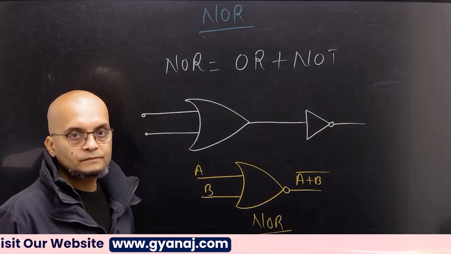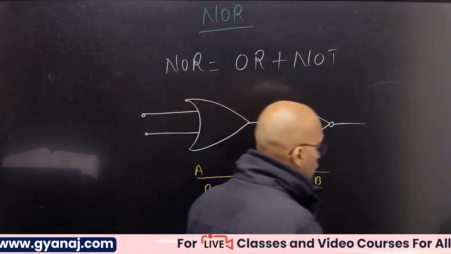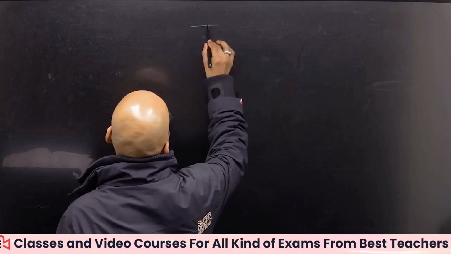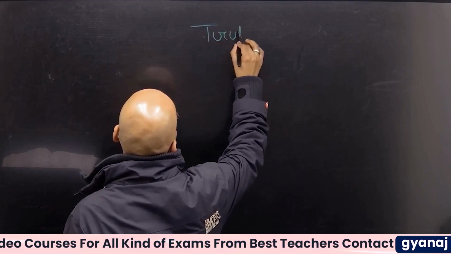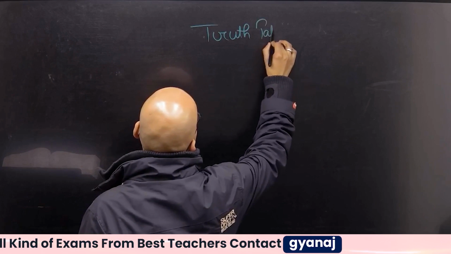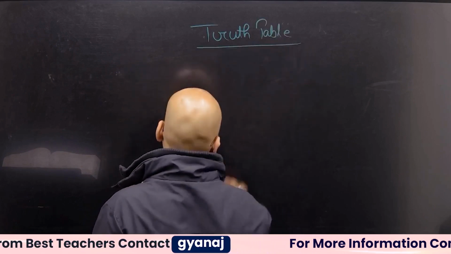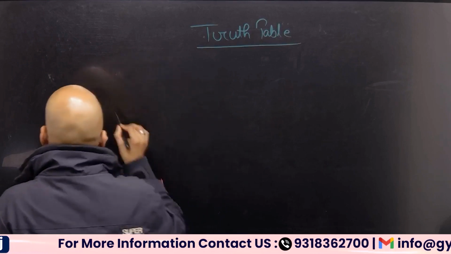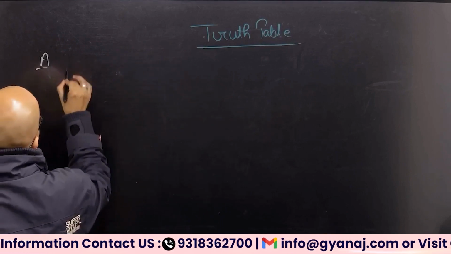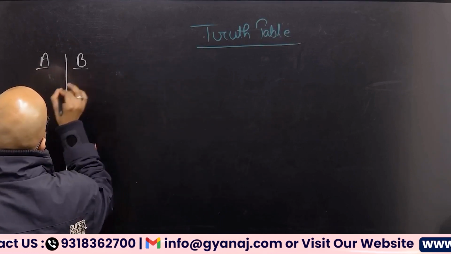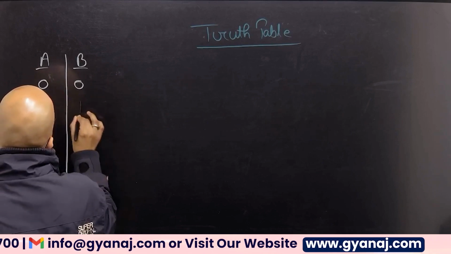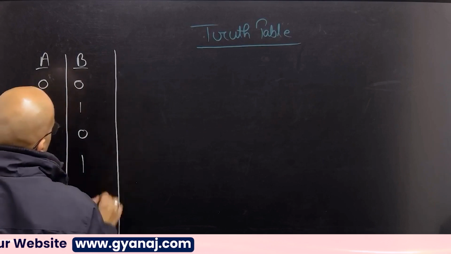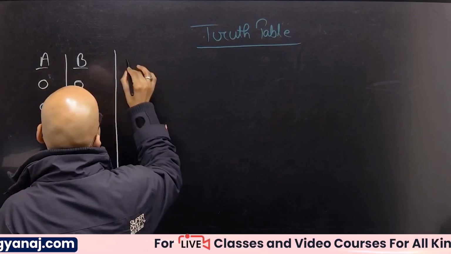Okay. Now let's draw the truth table for this. Again, A and B are my inputs. How are we going to write? 0, 0, 0, 1, 1, 0, 1, 1. Fine. Then what were we doing?